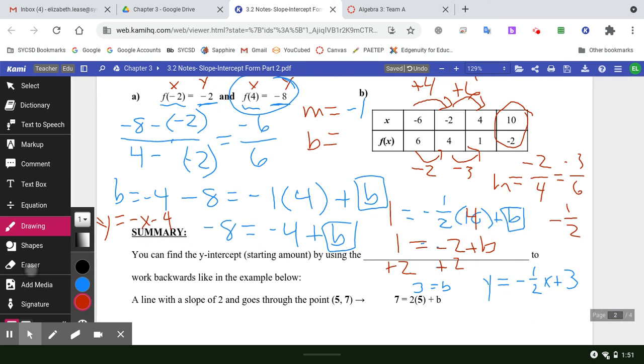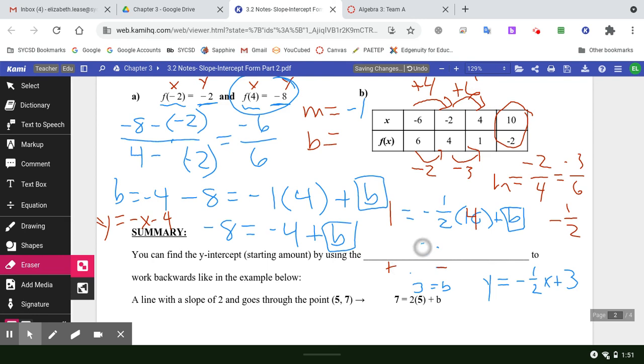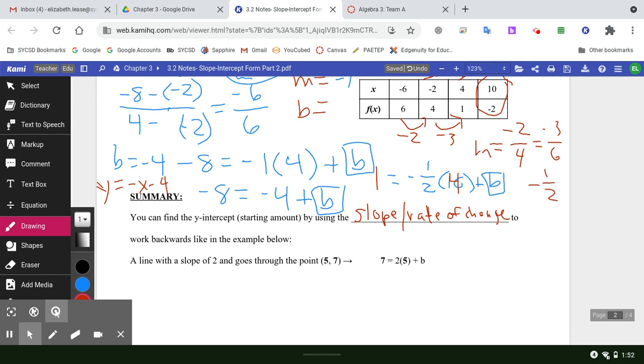And just to summarize, you can find the y-intercept, which as we know is the starting amount, by using the slope/rate of change, along with a given point to work backwards, just like in the example below, where a slope of 2 goes to the point 5, 7. 5 is x, 7 is y. 2 is m, since that's the value of your slope.